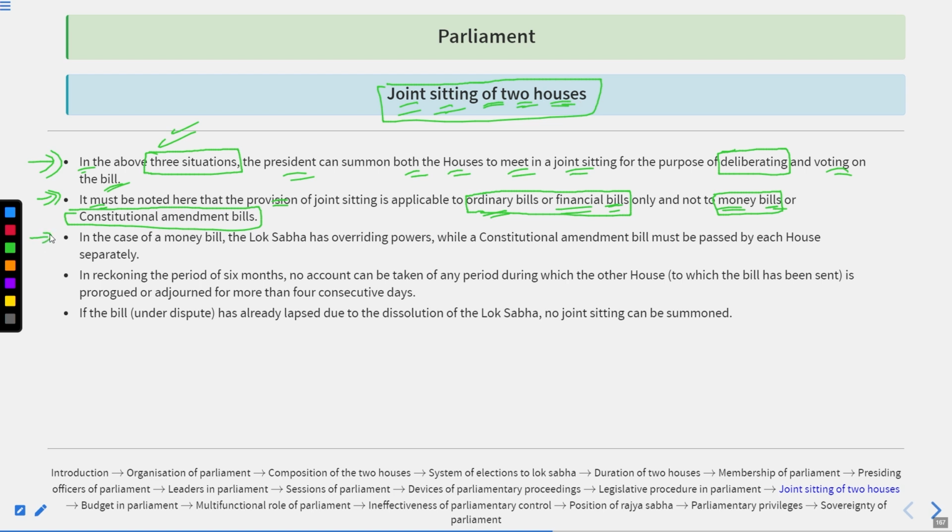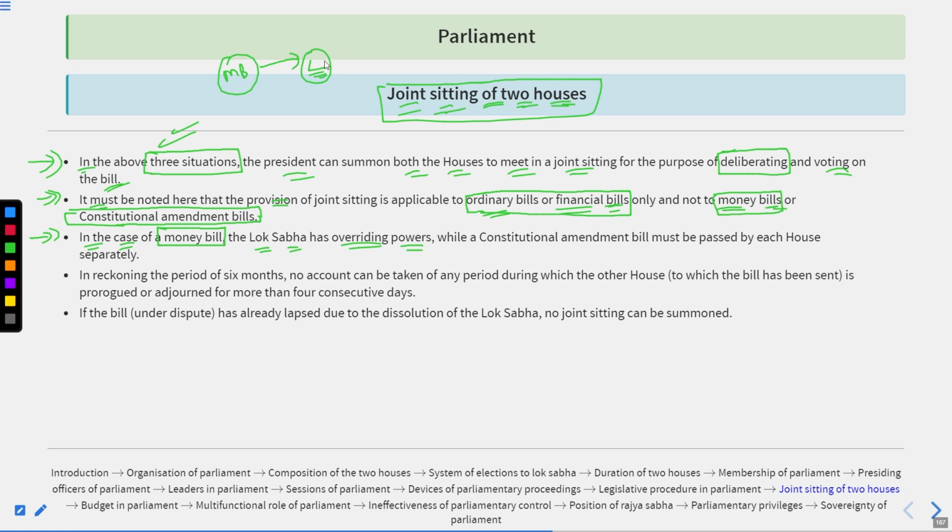So we can say in the case of a money bill, Lok Sabha is having some overriding powers. Okay, it means that, like we know, the Lok Sabha is the only place where the money bill, the MB, could be presented, right?